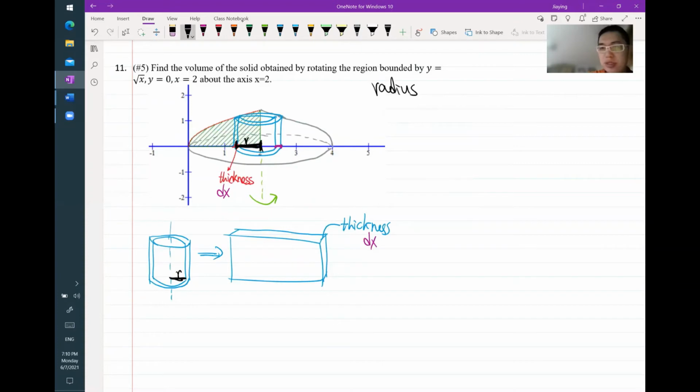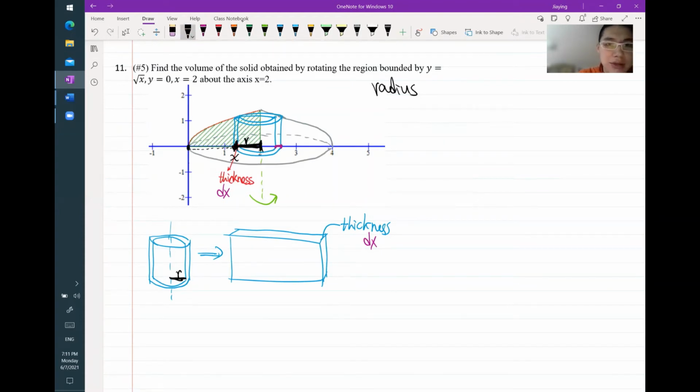We know that from 0 to this point, the part I'm going to mark with a dotted line, that's going to be x, because I'm going to call this x. So from 0 to x, that distance will be x. But the radius is the extra part. It's the part from x to 2, right?